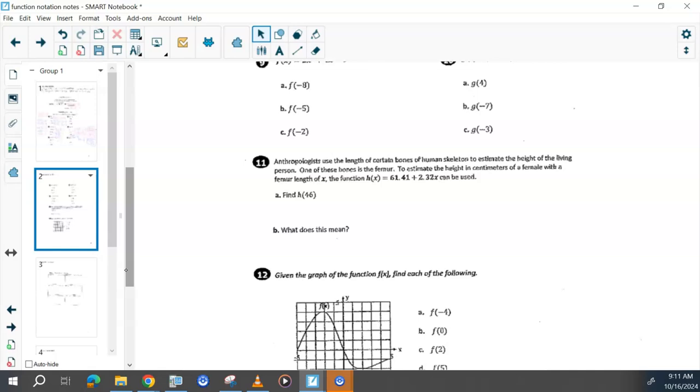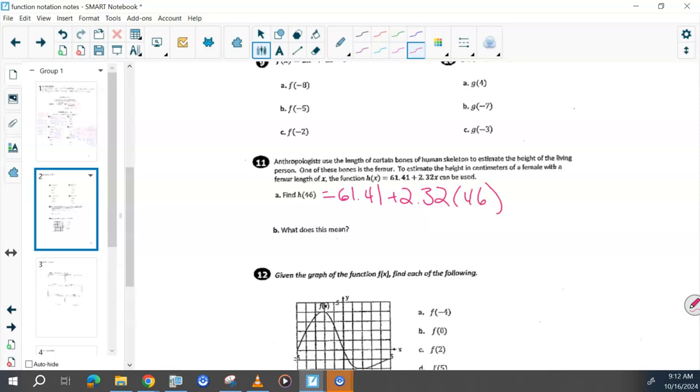To estimate the height in centimeters of a female with a femur length of x, the function h of x equals 61.41 plus 2.22x can be used. We're going to find h of 46. So the exact same thing that we were just doing, we're going to put 46 in for x, and figure out what that is. So go ahead and do that in your calculator. Tell me what number you get.